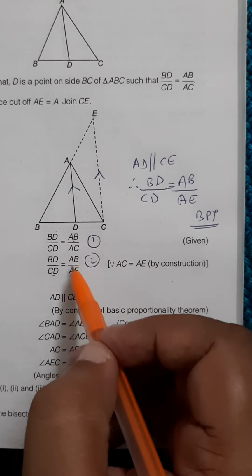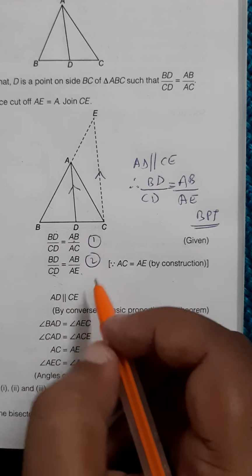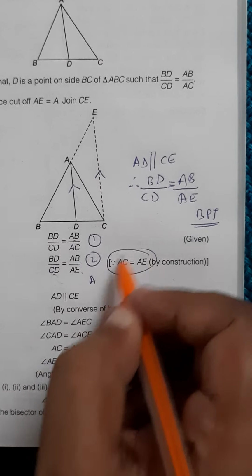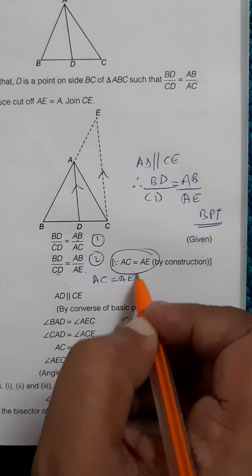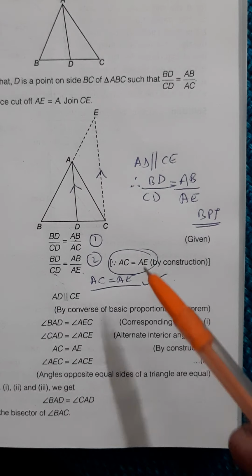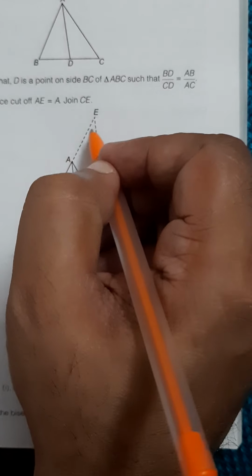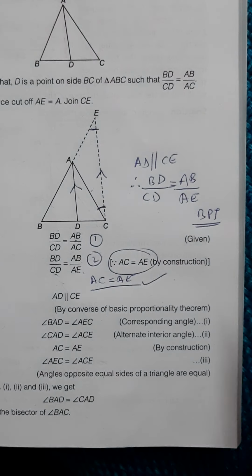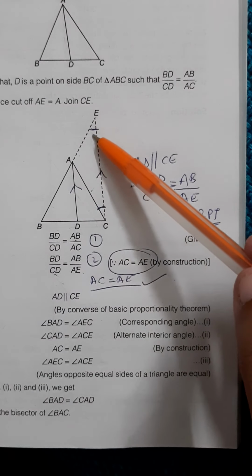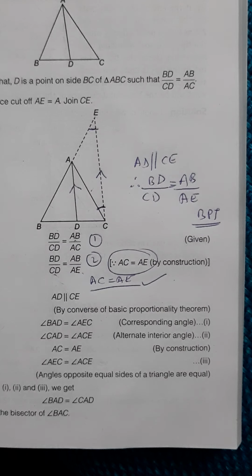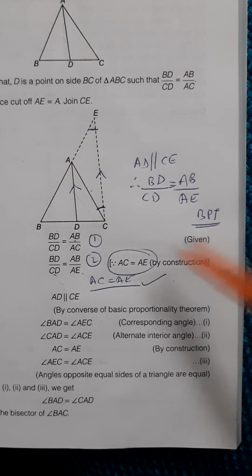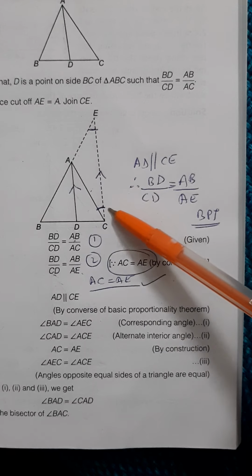So once we prove that AC and AE are equal, then we can say that the angles opposite to them are equal. Angle ACE is equal to angle AEC. Angles opposite to equal sides are equal.